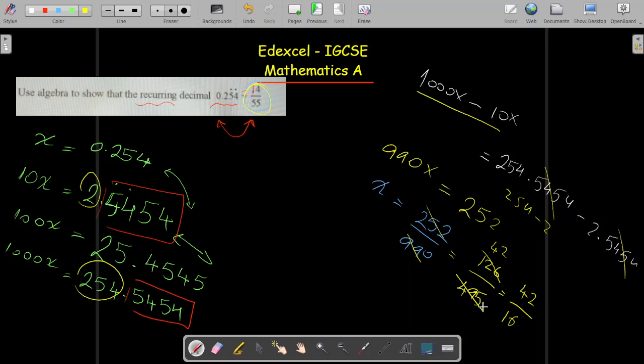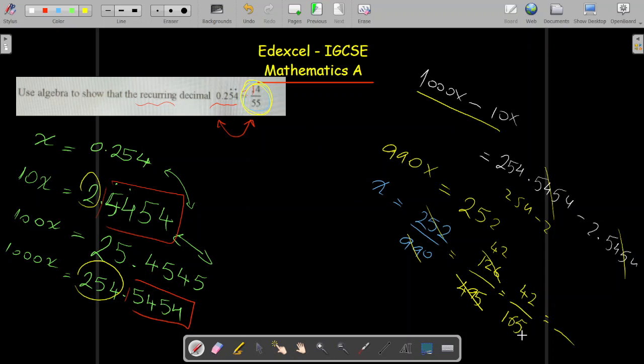The 1 is going to go with the 5, so you have 15. 15 divided by 3 is going to be 5. So now we have 42 over 165. You are getting closer to 14 over 55.